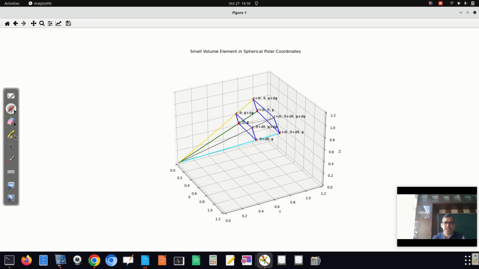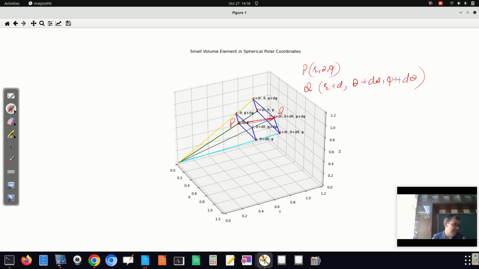This is drawn by this line. Let me change the color. Yeah, so this is that line. Say this point is P and say this point is Q. So the coordinates of point P are r, theta and phi, and the coordinates of point Q are r plus dr, theta plus d theta and phi plus d phi.